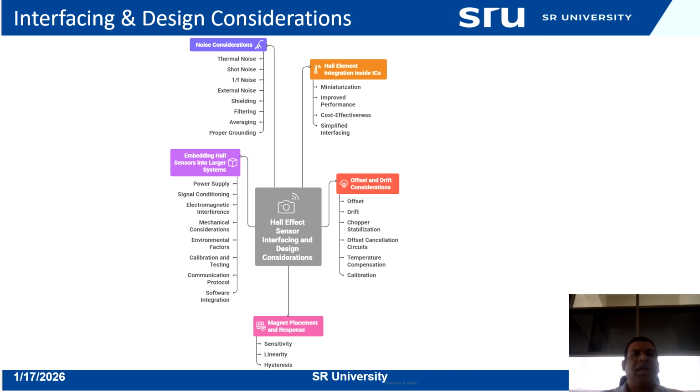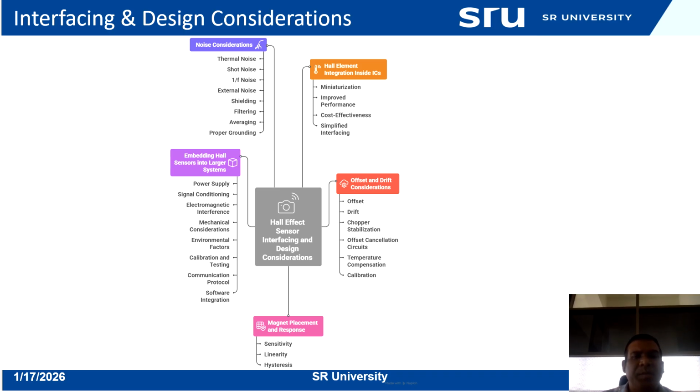Now, interfacing and design consideration. So here, Hall effect sensors are rarely used as discrete components. Instead, they are typically integrated into an integrated circuit alongside the necessary signal conditioning circuitry. This integration offers several advantages.